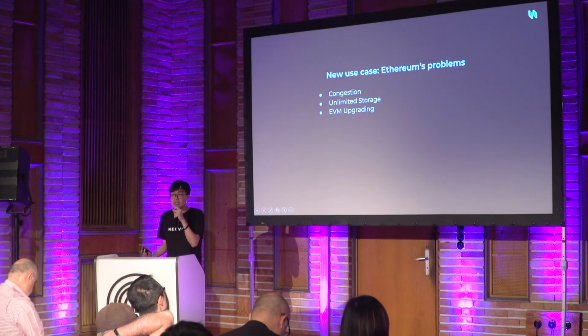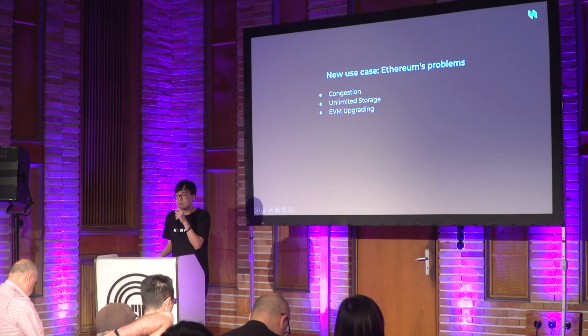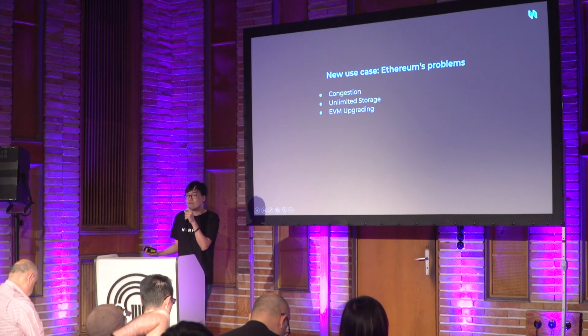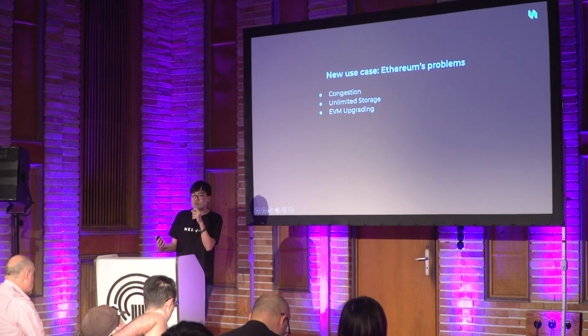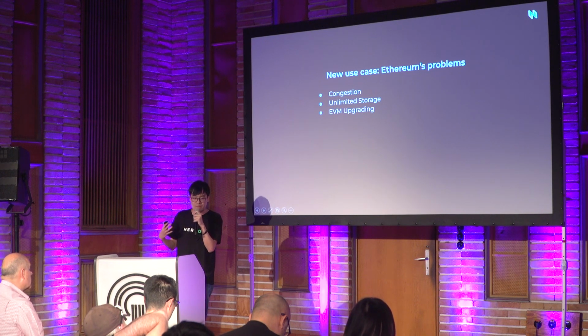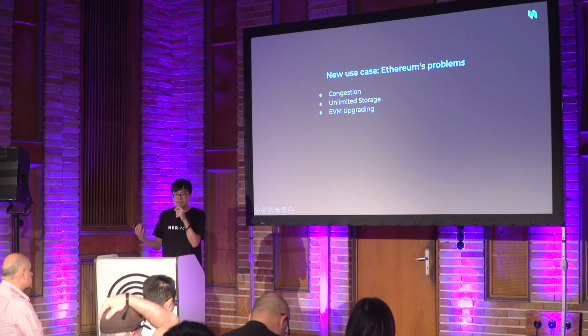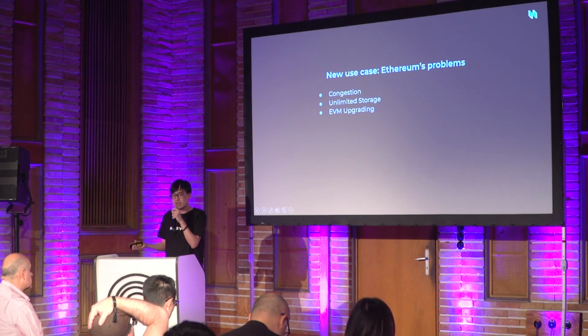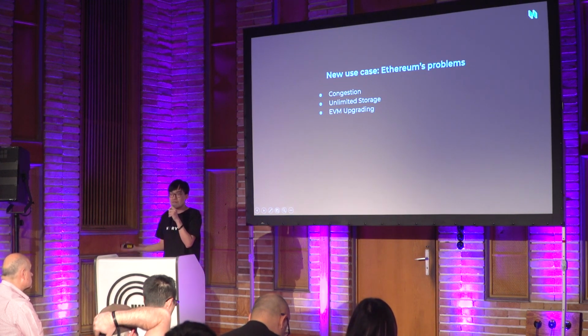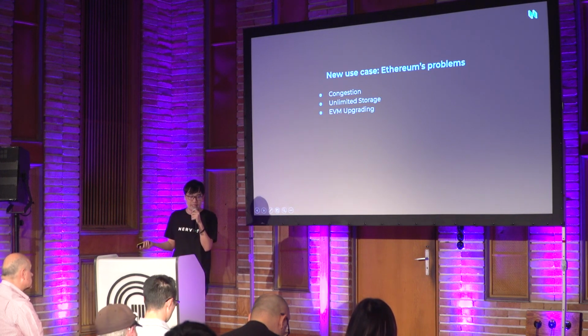If we look at Ethereum today, it actually has several problems. The first one is congestion. Whenever a new popular DApp comes out, the network becomes really bloated, and the transaction fees skyrocket. Many of your transactions will either need to be resent with a higher fee, or they'll just get completely ignored.